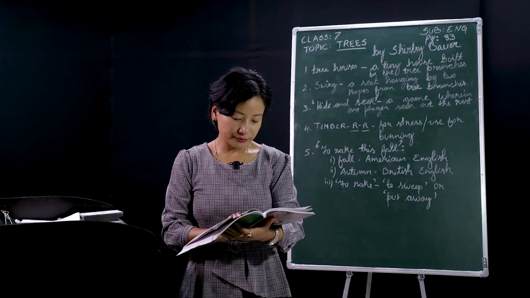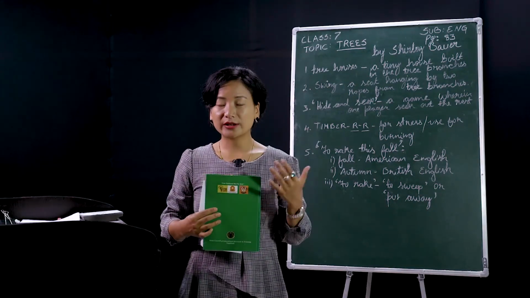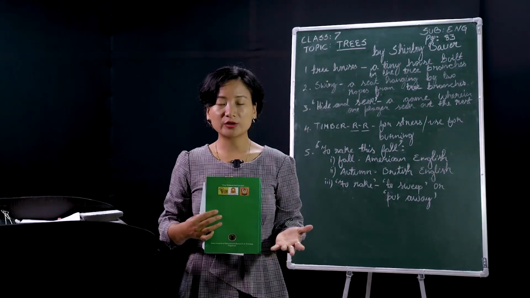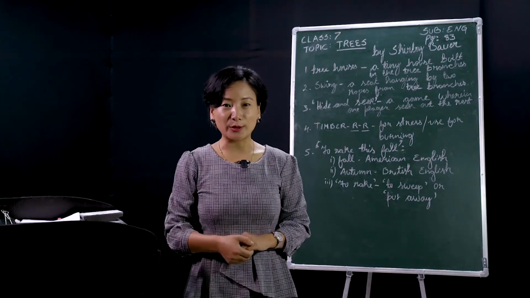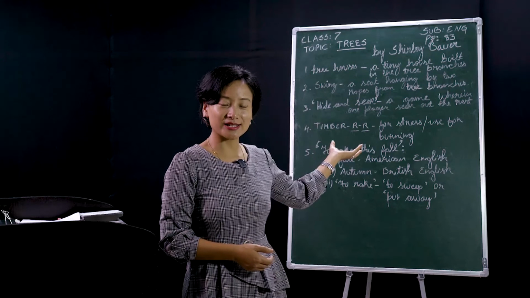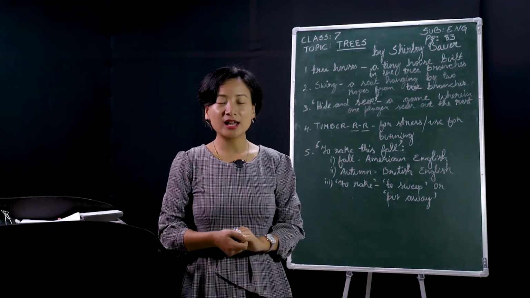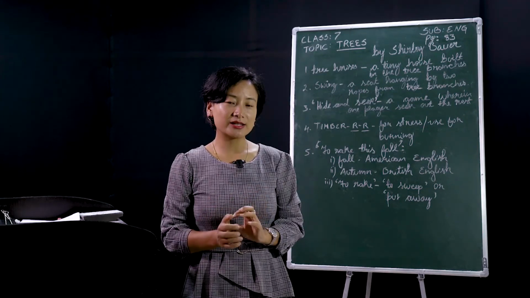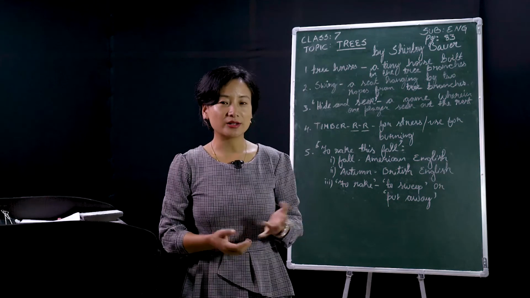Now, to sum up real quick, let us give a short summary of this poem. The poem Trees is all about, as the title itself suggests, trees, but it also helps us understand those little things that we took for granted, such as that it provides us cool shade.